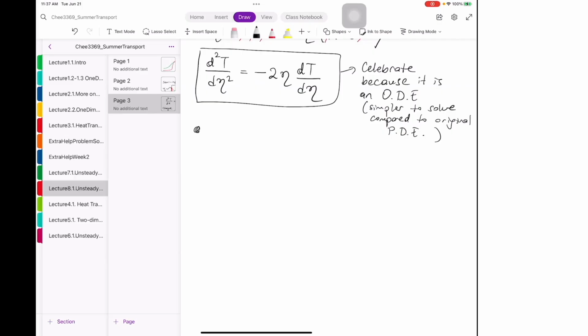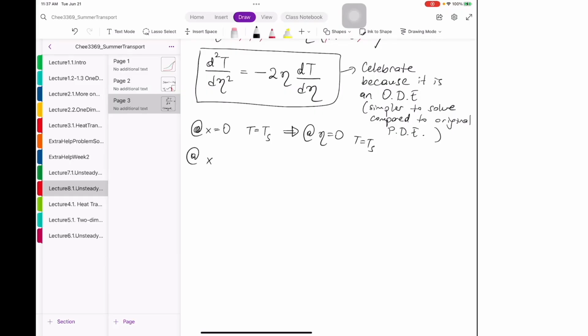We said that at x is equal to 0, T is equal to Ts, which corresponds to the boundary condition at eta is equal to 0, because for x is equal to 0, eta is equal to 0, T is equal to Ts.